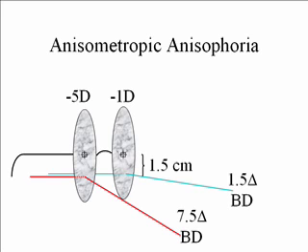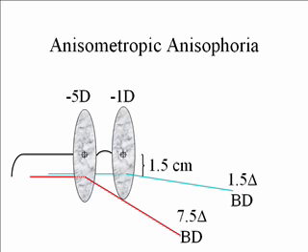Now, we need to not only describe the orientation of the prism that's induced, that's to say base up or base down, but we have to specify to which eye that prism applies. So we have two equally valid ways of describing the situation.